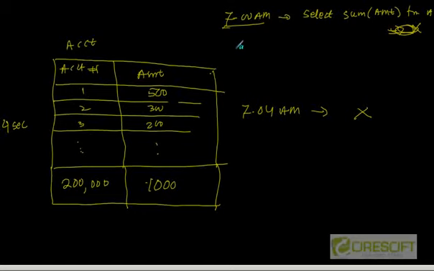Let's say at 7:01 a.m. somebody else comes and removes $100 from this account, so it becomes 200, and adds $100 to the last account, which becomes 1100. So at 7:01 we transfer 100 from account number 2 to account number 200,000.